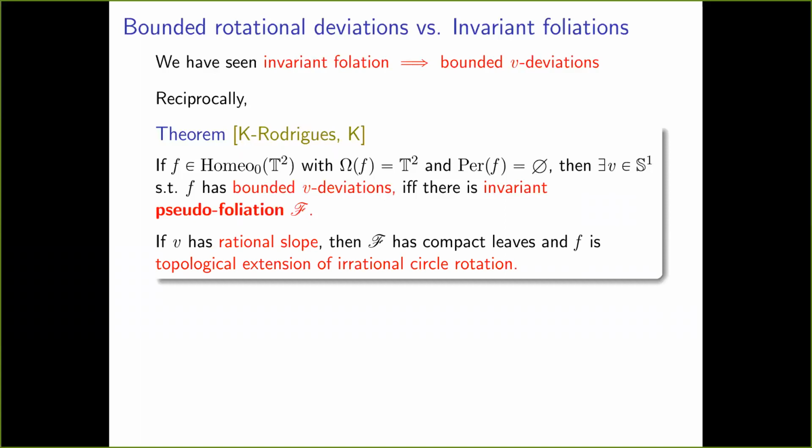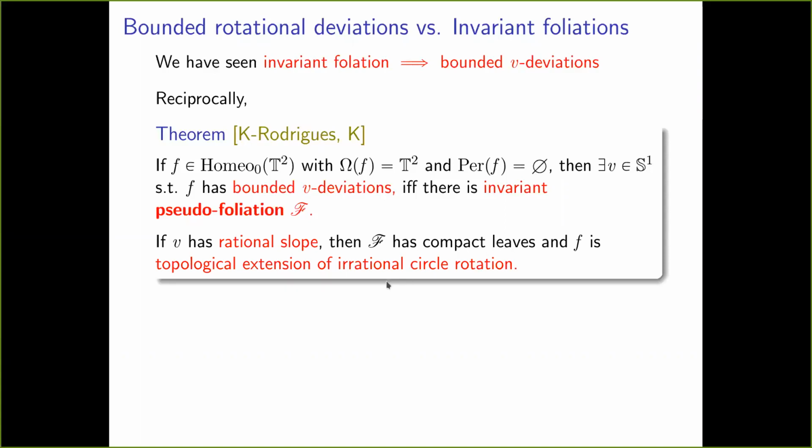I won't prove this, but when you have a torus pseudo-foliation, again you have a direction V, which is perpendicular to the asymptotic direction of the pseudo-leaves. In the case that V has rational slope, you can show that the pseudo-leaves are compact.